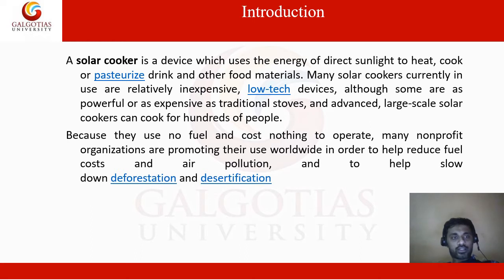Introduction: a solar cooker is a device which uses the energy of direct sunlight to heat, cook, or pasteurize drink and other food materials. Many solar cookers currently in use are relatively inexpensive, low-tech devices, although some are as powerful as traditional stoves, and advanced large-scale solar cookers can cook for hundreds of people because they use no fuel and cost nothing to operate.